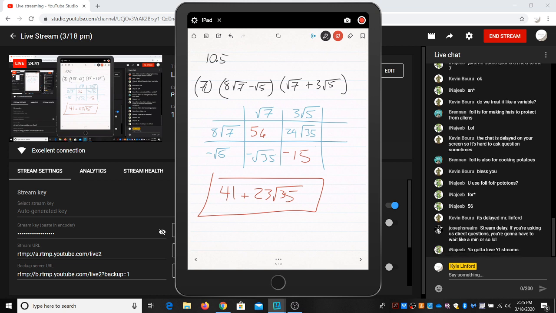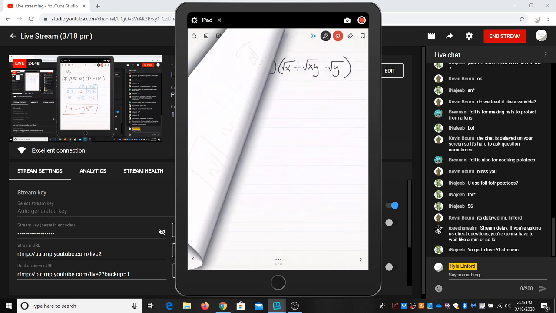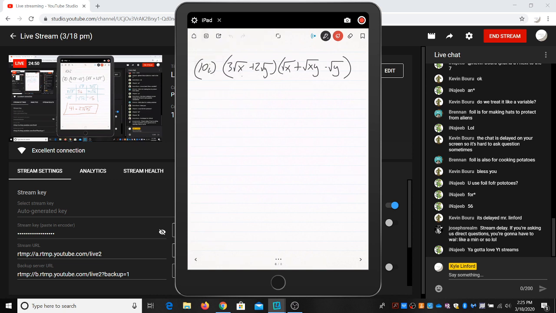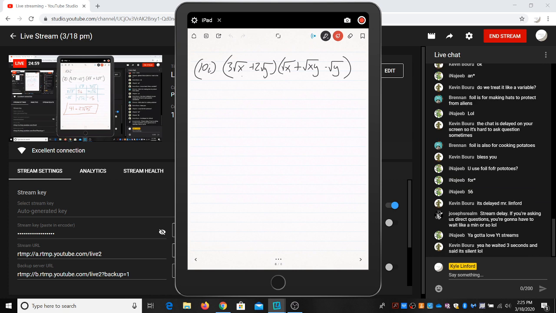All right, let's go ahead and try another problem, this time a little more expanded. So here, FOIL isn't really going to work for you because FOIL only works when you're multiplying two binomials together, or you can think of it like two groups of two terms.